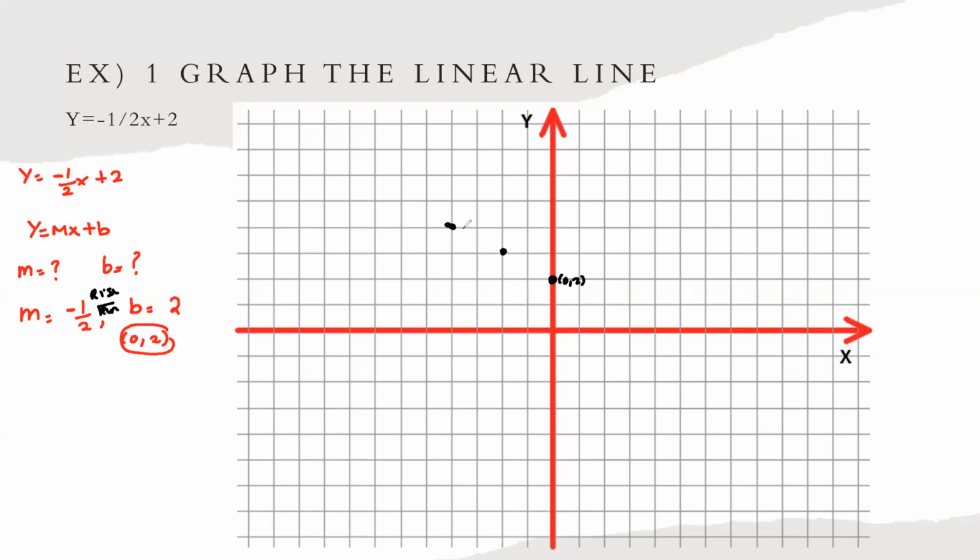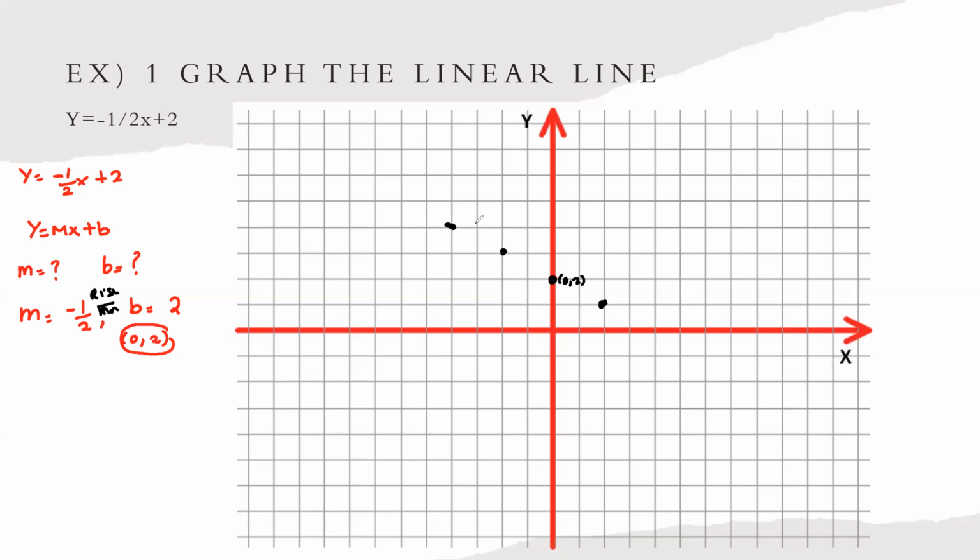And also, did you know that from the b, from (0, 2), you could actually go down 1 and then 2 units to the right. As long as you're going in the negative direction, you're fine. So there are 2 ways you could do this. You start at your b (0, 2), you could go up 1 and then 2 units to the left, or you could go from the b, down 1 and then 2 units to the right.